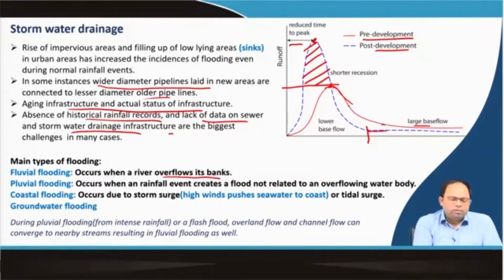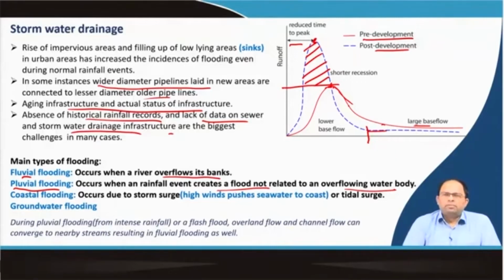Then comes pluvial flooding, which basically means that after a rainfall event, the runoff that is generated creates a flood, and that is not related to the water body or the river adjacent to that urban area, but is primarily because of the rainfall that falls on the urban area, and that is creating flood in that particular urban area.